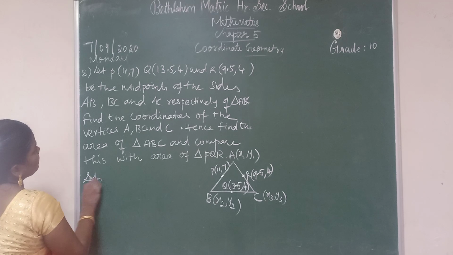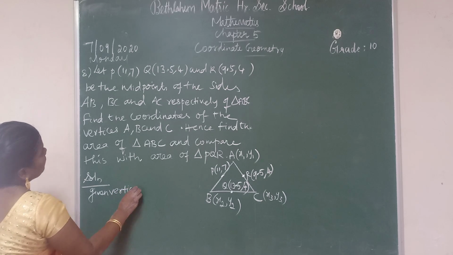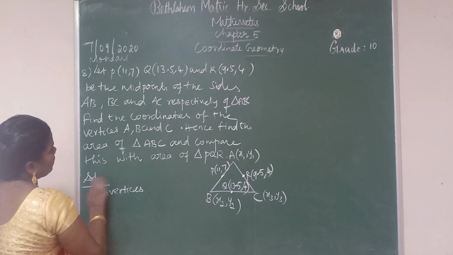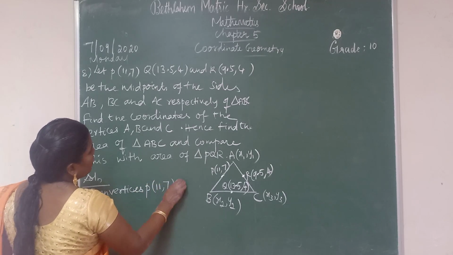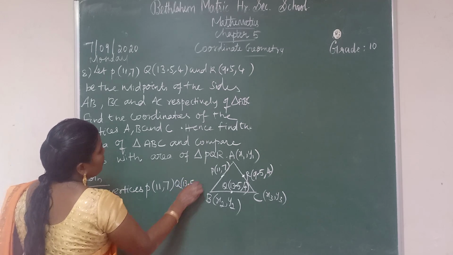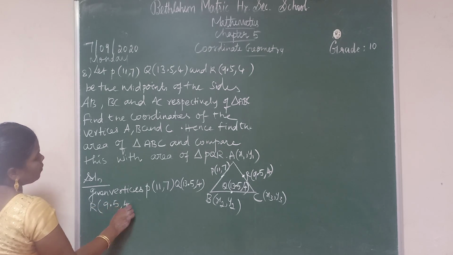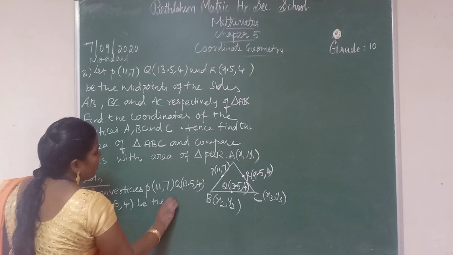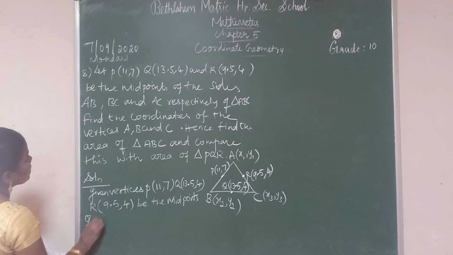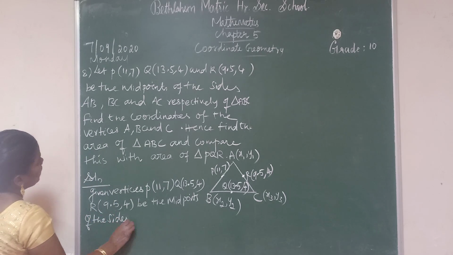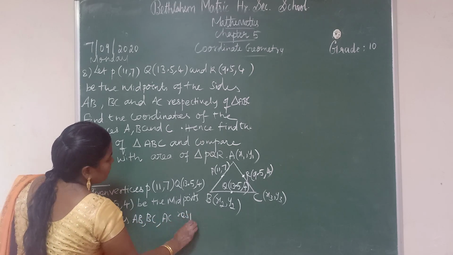Solution. Given that P(11, 7), Q(13.5, 4), R(9.5, 4) are the midpoints of the sides AB, BC, AC respectively.